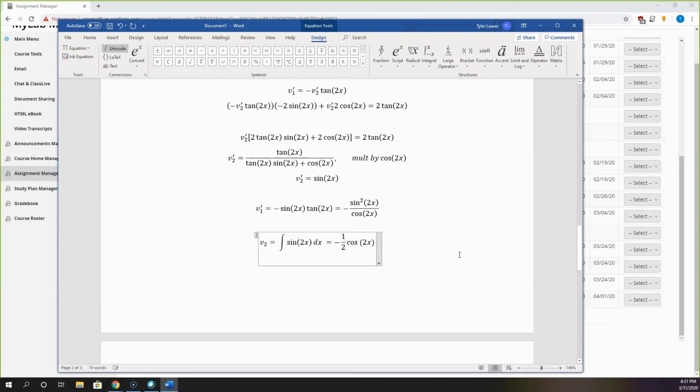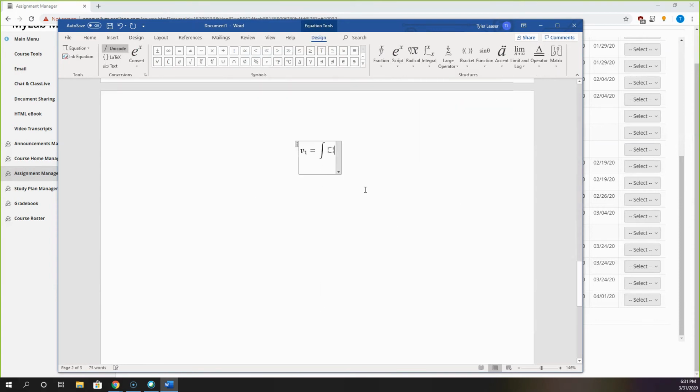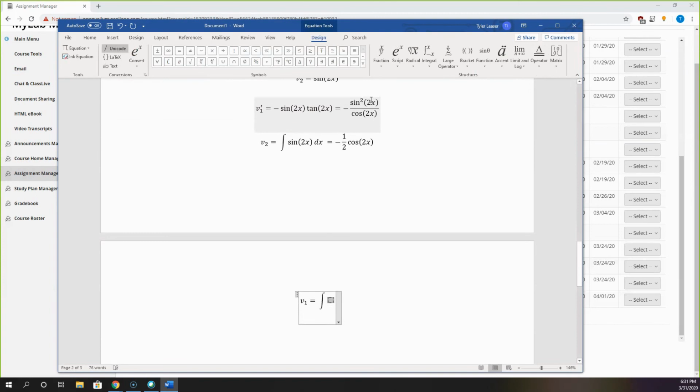Okay. And then v1, same kind of deal. That's going to be the antiderivative of v1 prime, which is this awful looking thing. I don't know exactly what's the better way to write it to get the antiderivative. I'll just leave it how I had it up there. So just integrating over v1 prime.